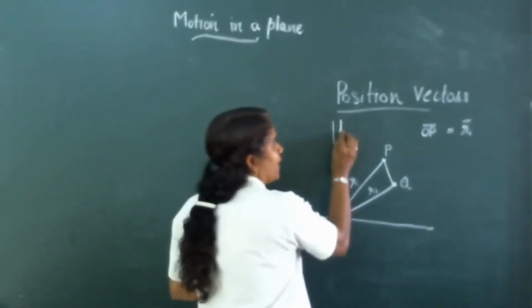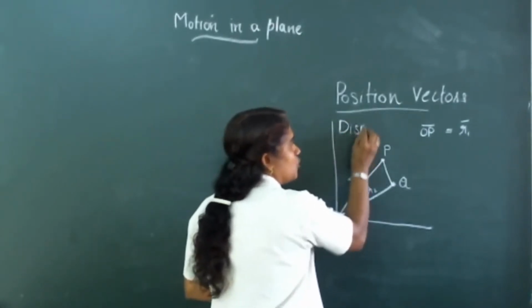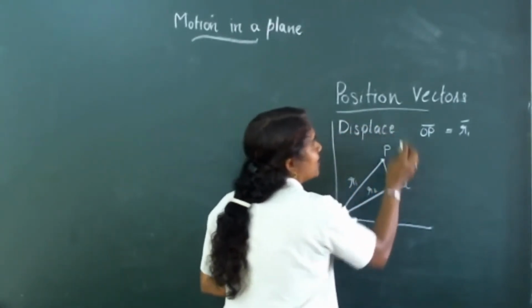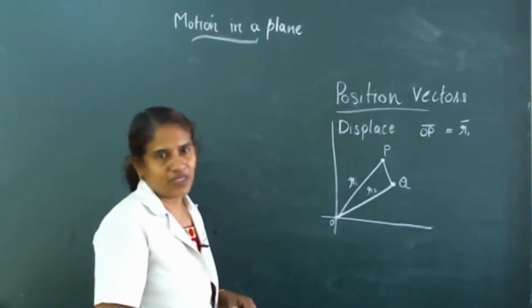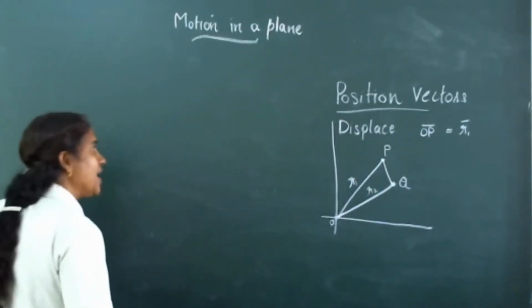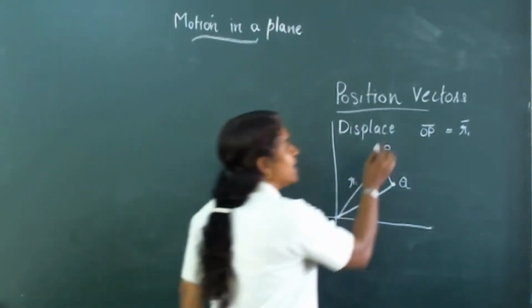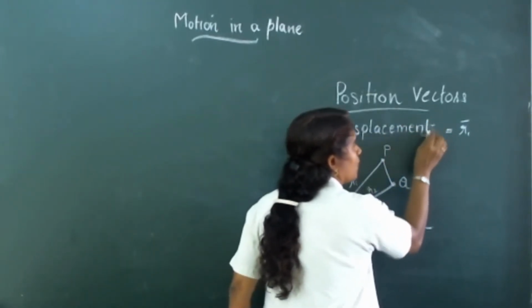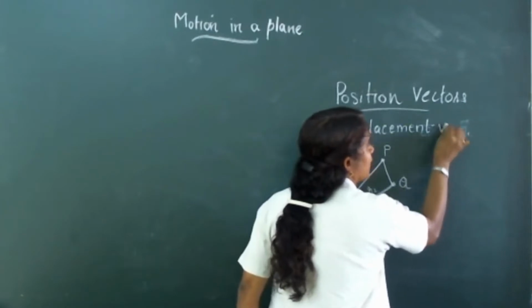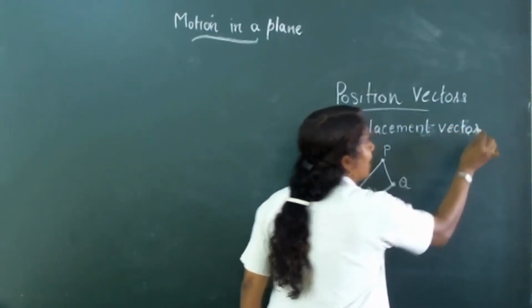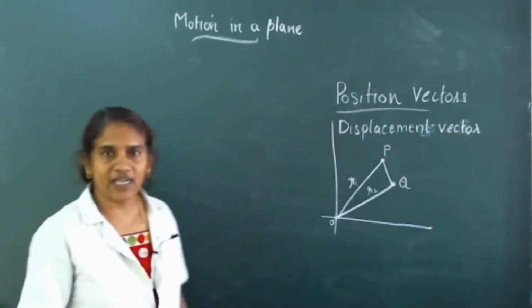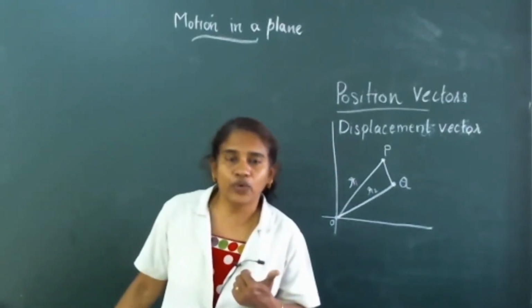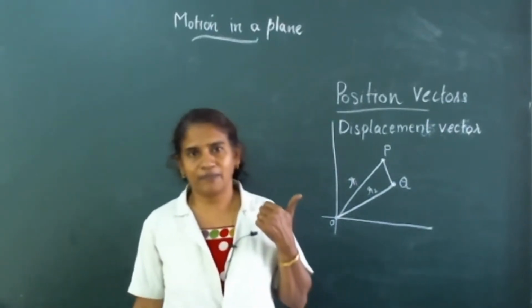Okay. So, if a vector is explained with respect to origin, then it is position vector. Or distance between any two vectors are explained, then it is known as displacement vector. Okay, displacement vector. So here OP and OQ are position vectors, then PQ is displacement vector.